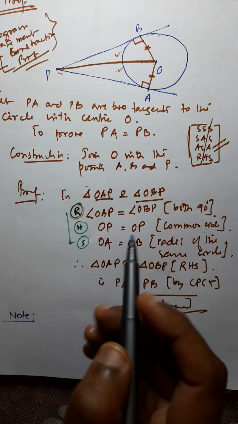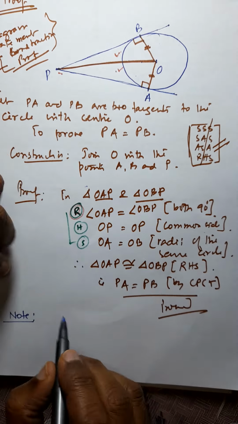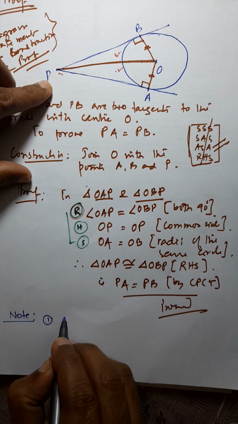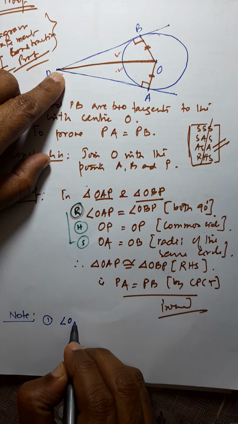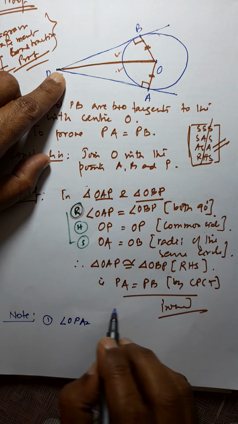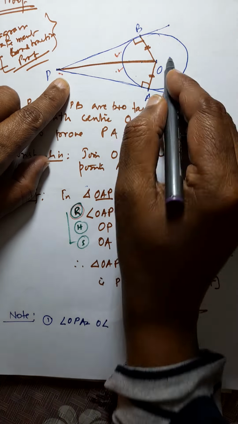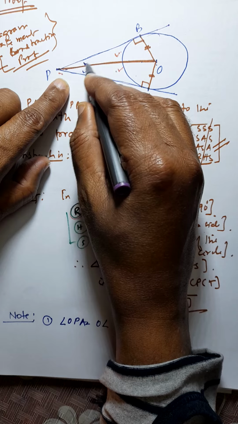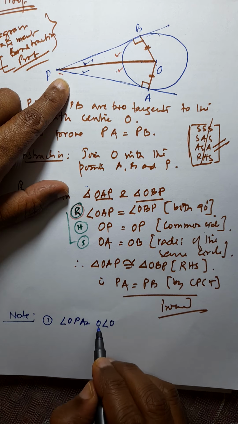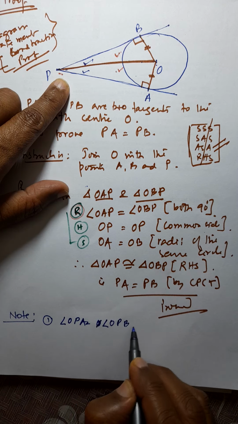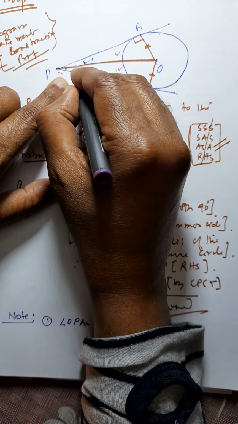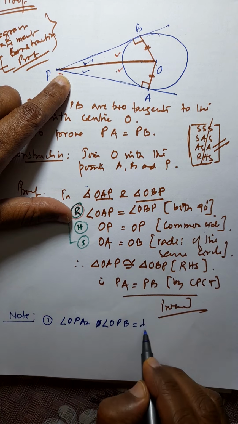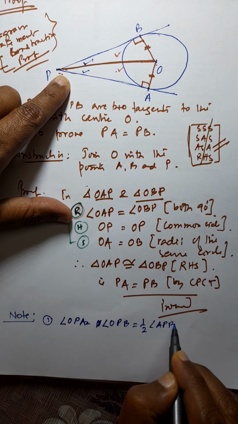See, if these two triangles are congruent, then corresponding angles are equal. Number 1, angle OPA is equal to angle OPB, and these two are parts of angle APB. So we can say each is half of angle APB.